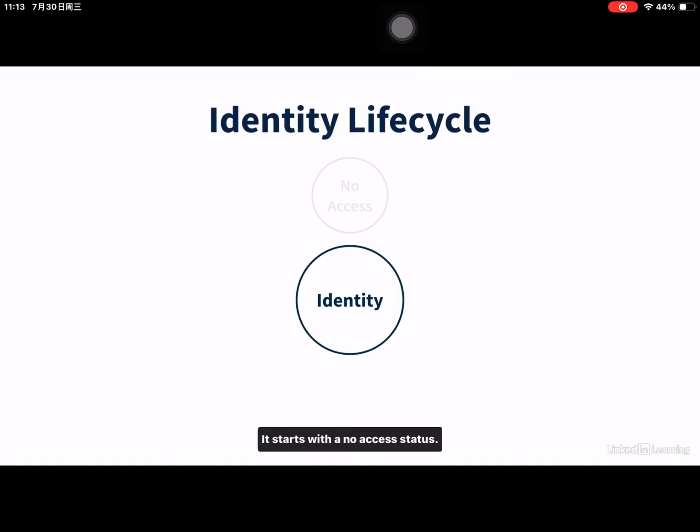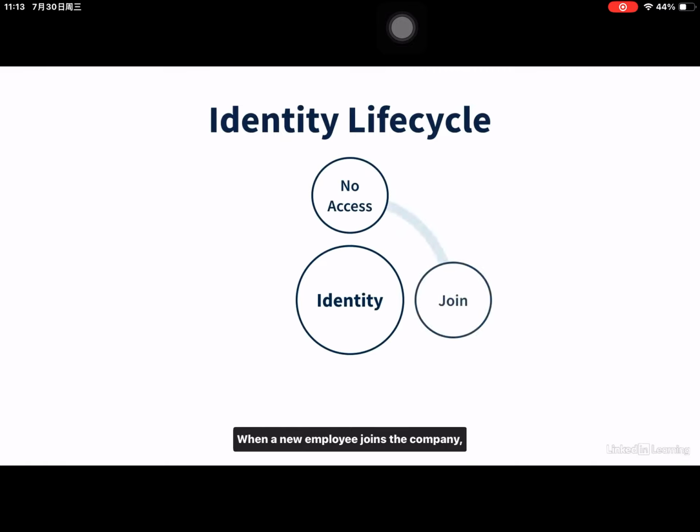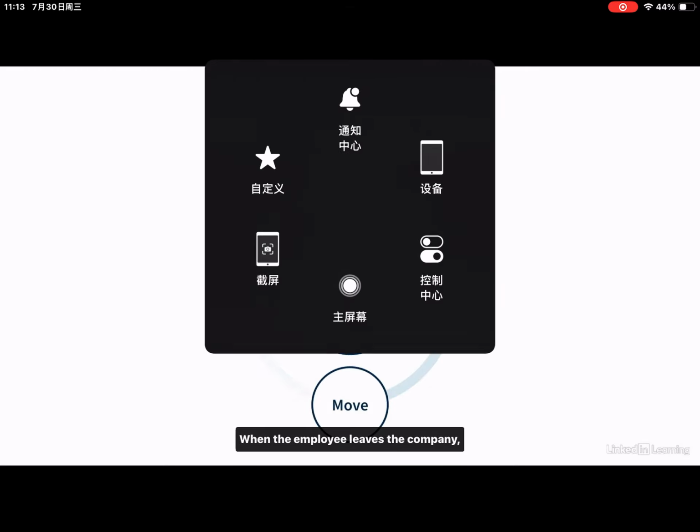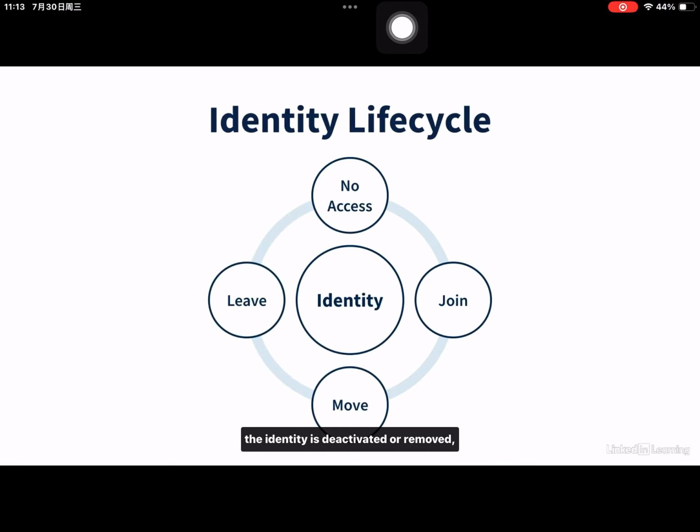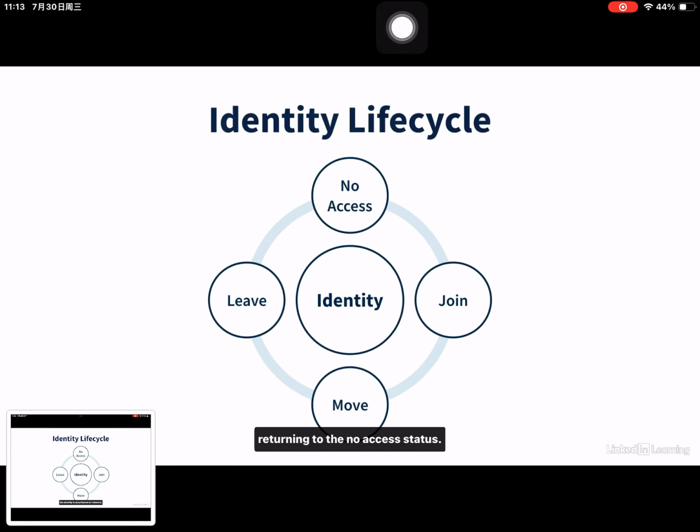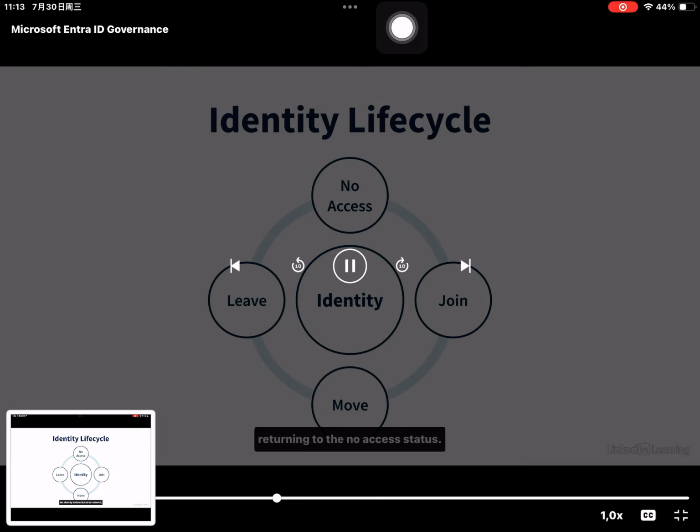It starts with a no-access status. When a new employee joins the company, an identity is created. As the employee moves to new roles, the identity and associated privileges are updated. When the employee leaves the company, the identity is deactivated or removed, returning to the no-access status.